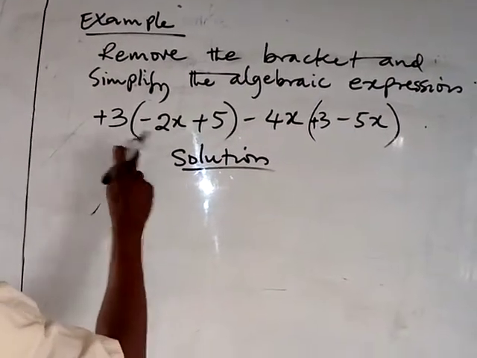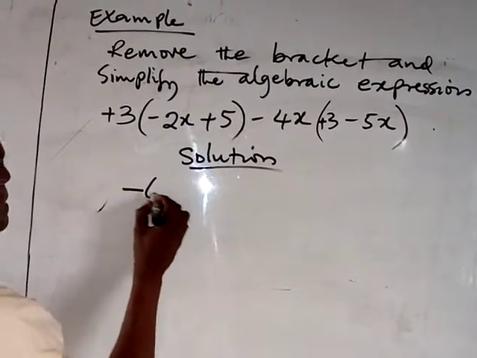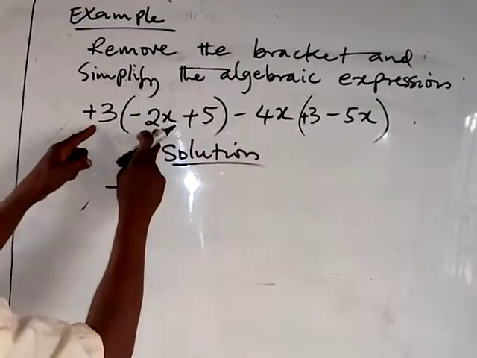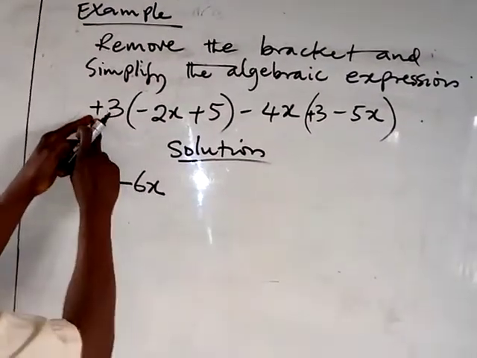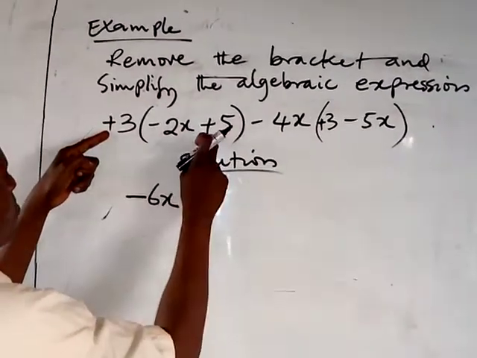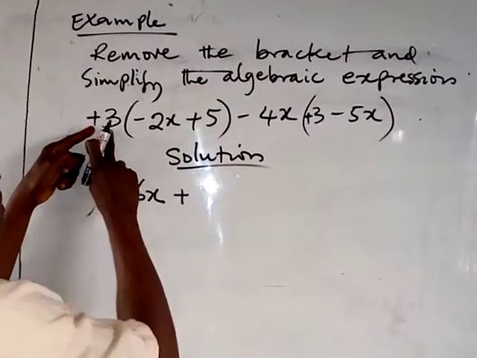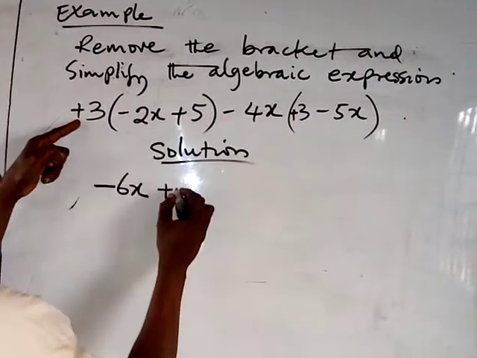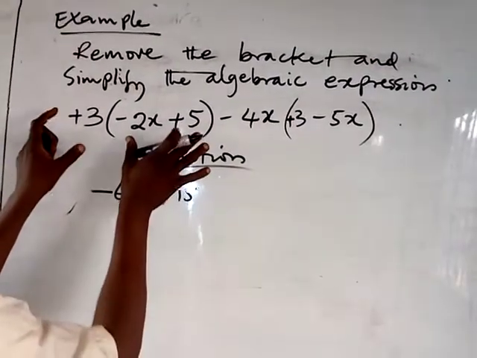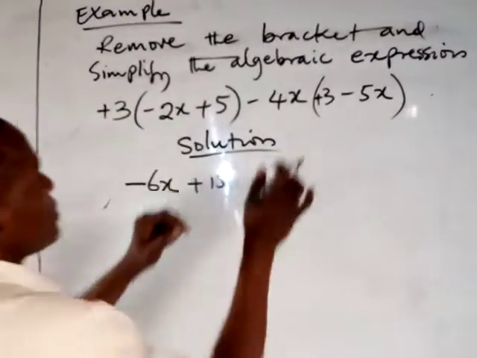3 times 2x gives me 6x. I've opened this. I come here now. Plus times plus is equal to plus. See the application? 3 times 5 is equal to 15. I've opened this bracket. I move to this.